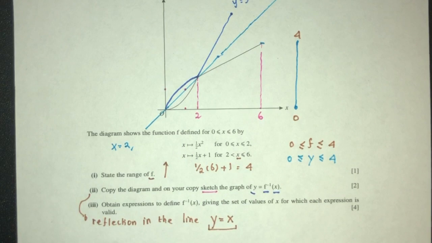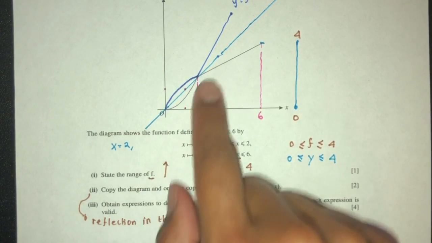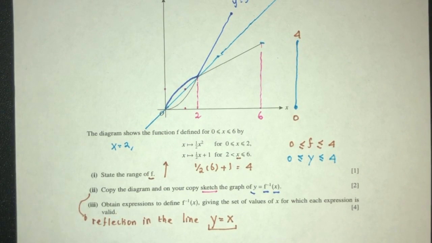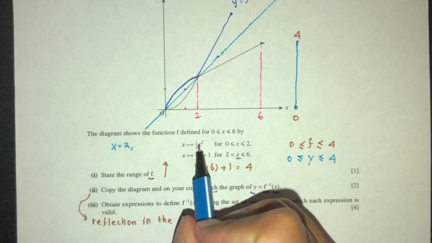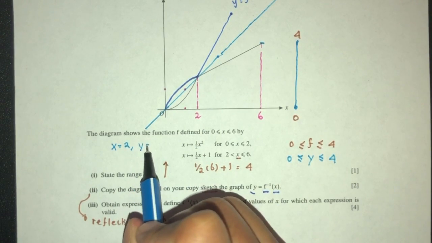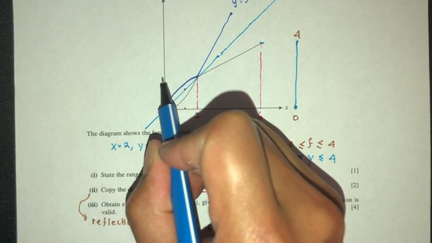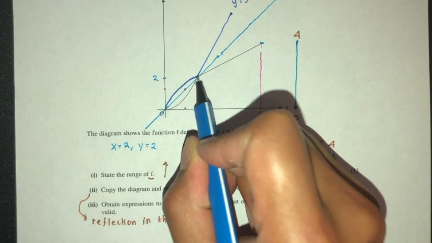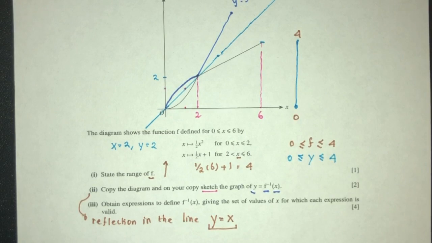I think it's okay because it seems to be exactly matching. We don't need to check. That will be the point 1, 1. This is 2, 2. Let's check. Replace, you will have half times x squared, which is 4, is also 2. This will also be 2. Anyways, it meets right here as well.